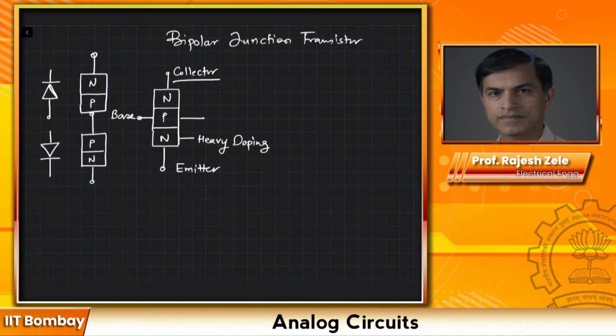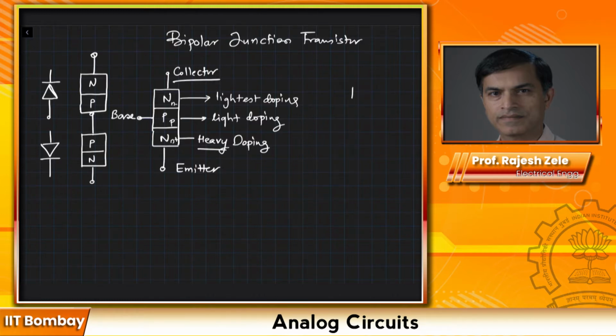Next, the base region, P, has light doping, and the collector region has the lightest doping. Heavy doping is generally shown as N+, light doping just P, and lightest doping as N-. All these represent the NA and ND for each type of impurity.